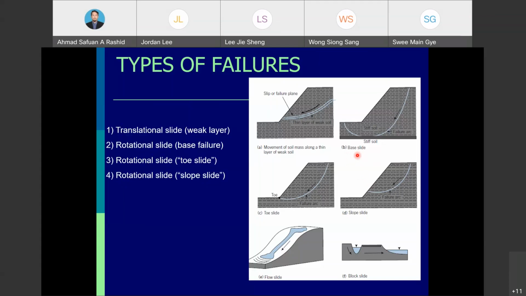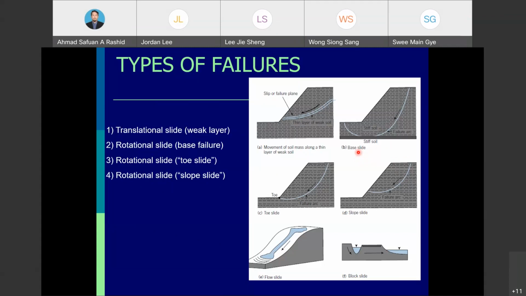That's why when we read a reference book, it is suggested for us to use software rather than manual calculation, because it's very difficult for us to determine the correct or optimum location for the factor of safety.